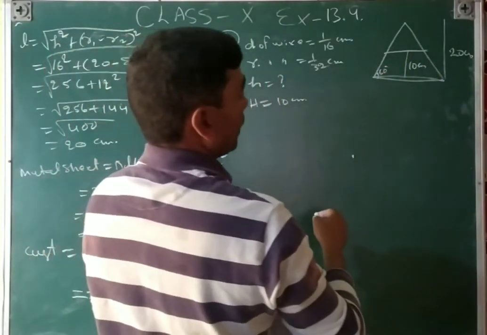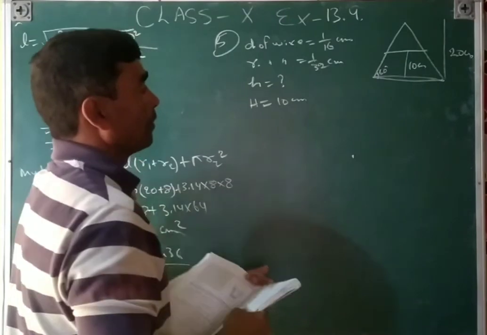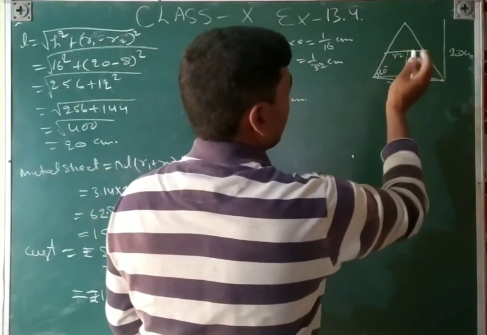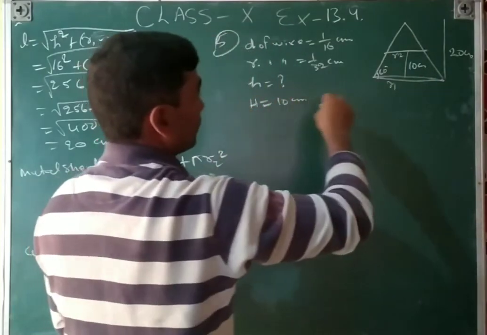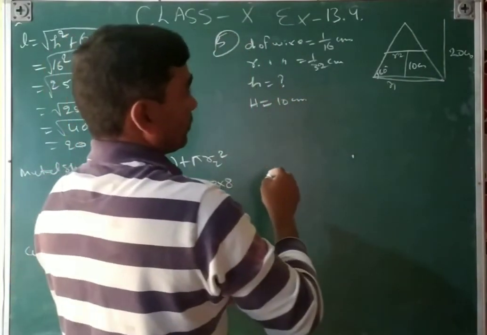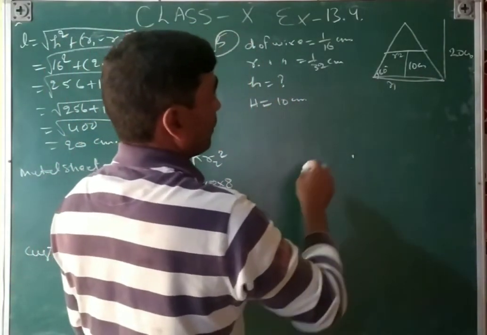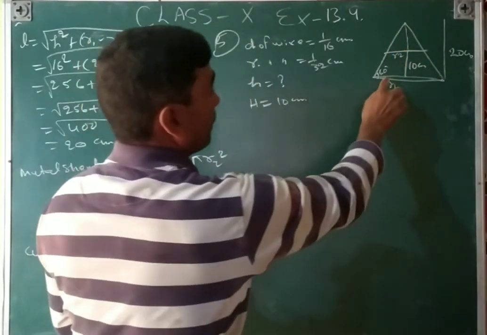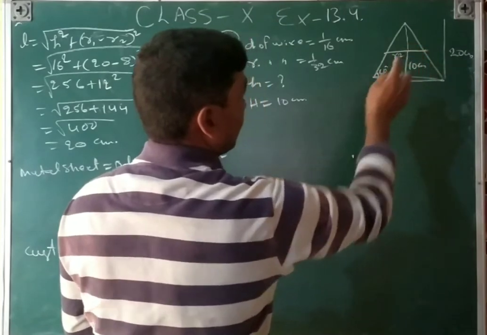How will we find R1? Let this one be R1 and this one R2. First of all we will find R1. So that will be the height, base and perpendicular.